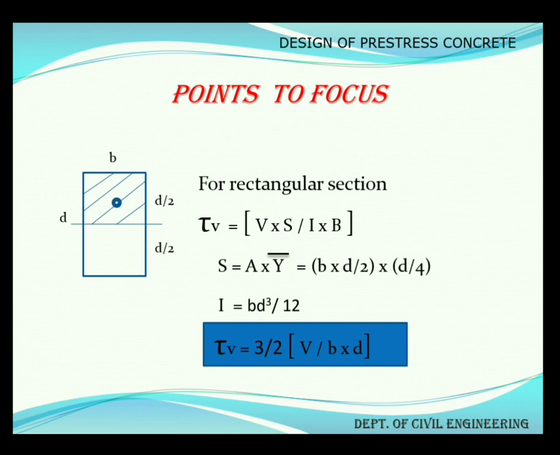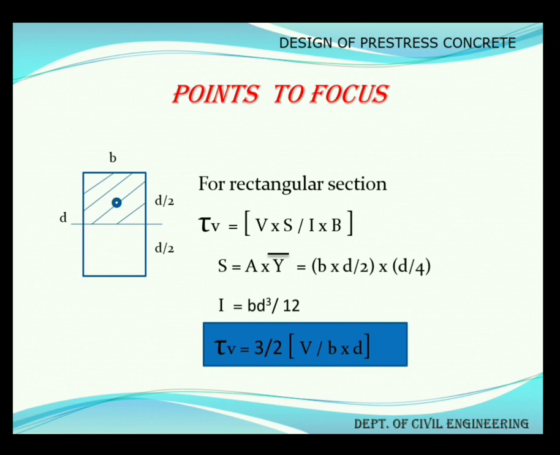That is, tau v is equal to V into S divided by I into B, where V is the shear force or the reaction, S is the first moment of area, I is the moment of inertia of the section, and B is the width.